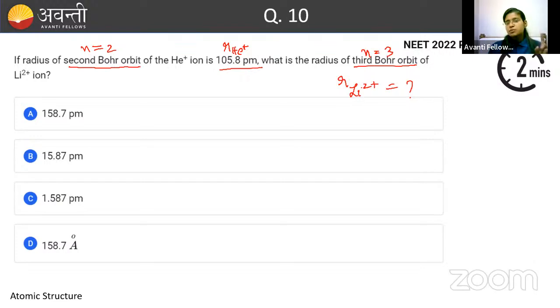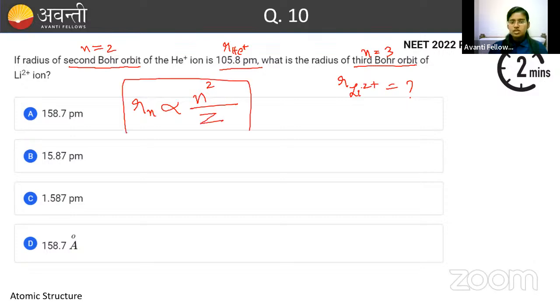The relationship between r and n for any two different ions is that r_n is directly proportional to n square divided by Z. This is the formula we need to apply here. Let's check which is the correct option.